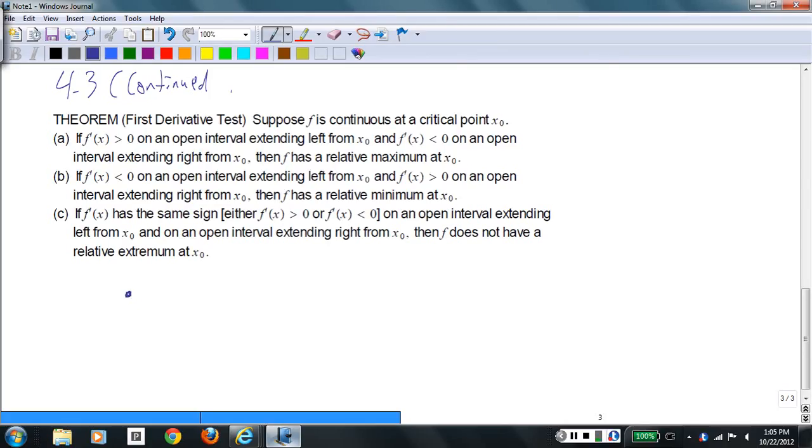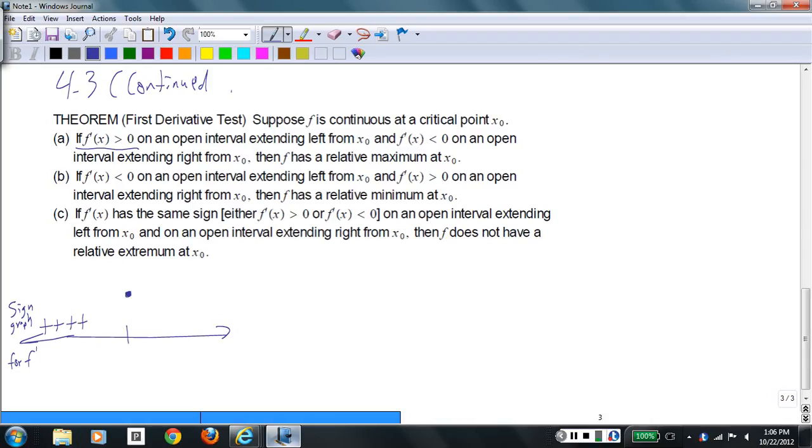So imagine a point on the graph, and I'm going to construct a little sign graph for f prime. On an open interval extending left from x sub 0, f prime is positive.